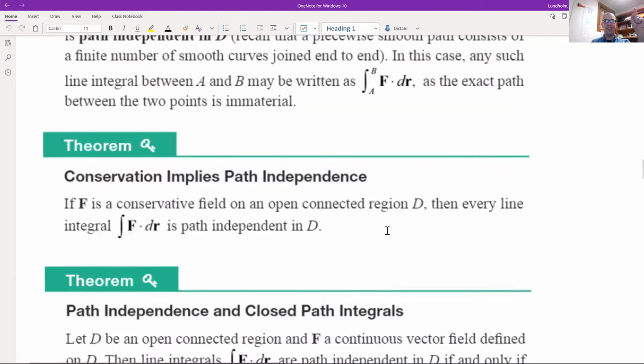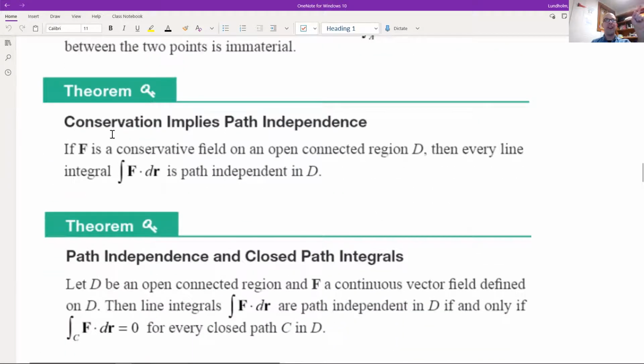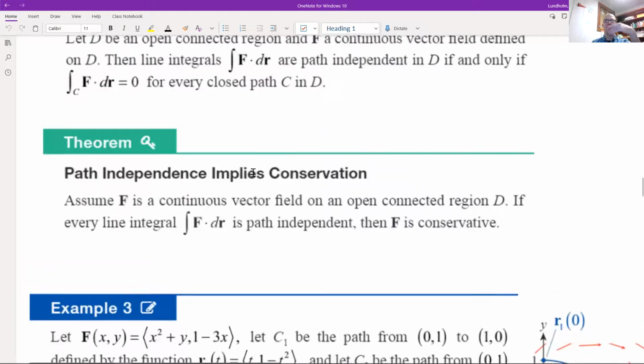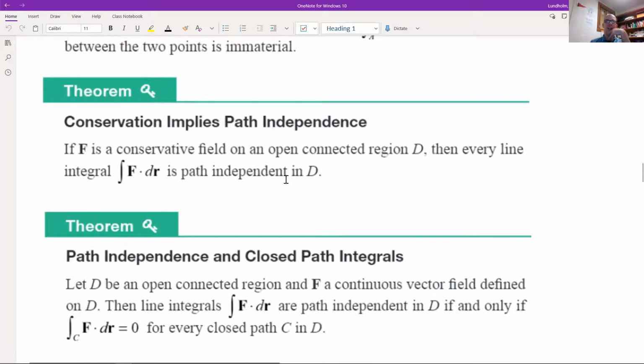Here we're going to look at how having a conservative vector field implies that you have path independence. And then down here, we're going to see that path independence implies having a conservative vector field. Those happen now if and only if.